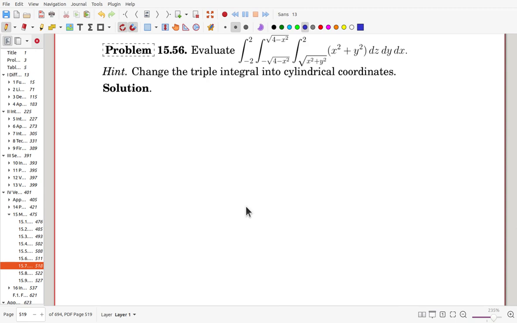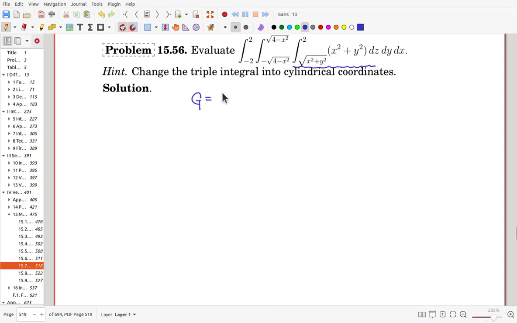Evaluate the integral. Once it is given, of course you can do the innermost integral easily, because it's a z integration and the integrand is independent of z, so you can get it quite easily. The given integral is this one, and we can finish the inner part quite easily.